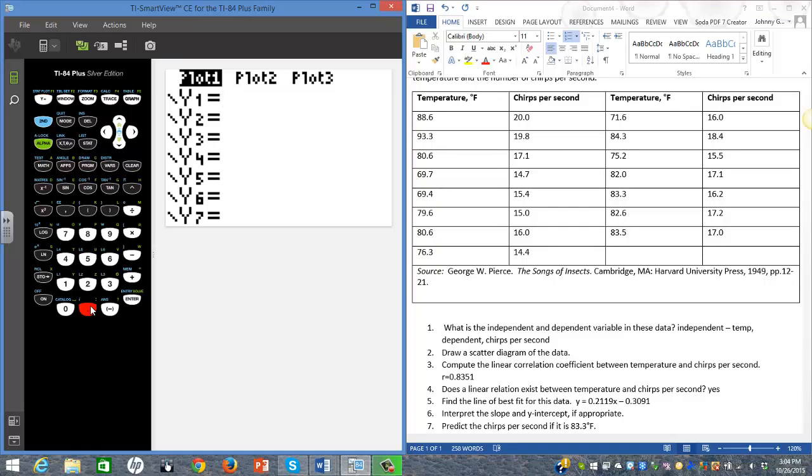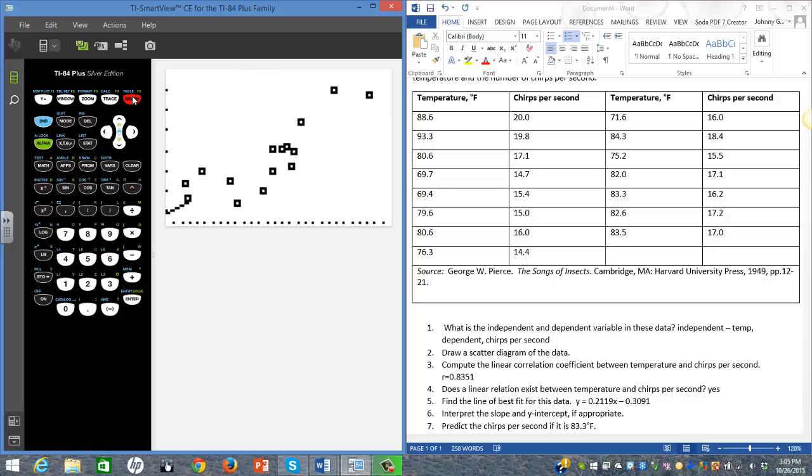So I'm going to type in 0.2119x. There's a way that you can just store the equation and put it in, but I'm just going to show you this way because all calculators will do it. And if I hit graph, you should see a nice line going through this data.